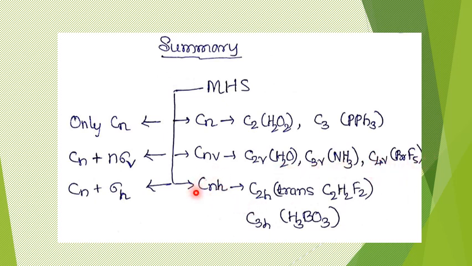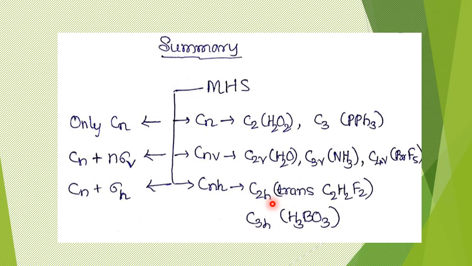And the next one was Cnh. Here, the symmetry elements of the Cnh point group are the presence of a Cn axis followed by sigma h, but of course the implied presence should always be assumed. These two imply the presence of S_n collinear with the Cn. That will also be there, but essentially if there is a principal axis followed by a horizontal plane, that leads the molecule to the Cnh point group.